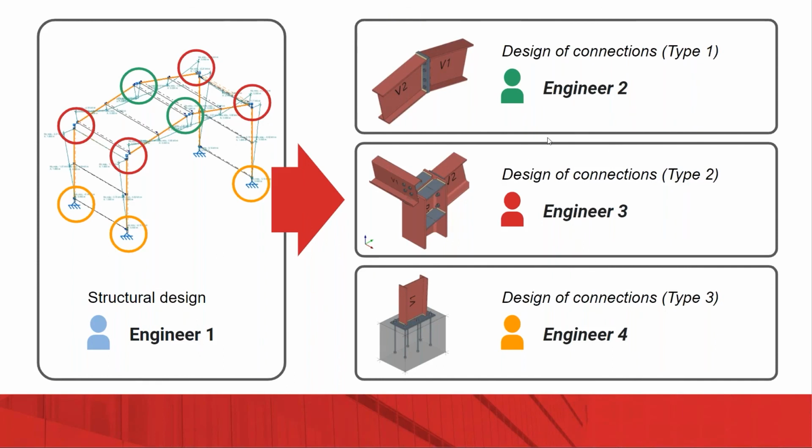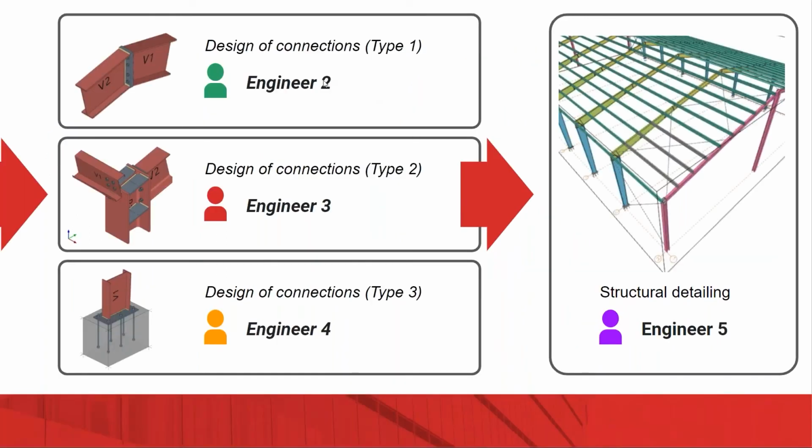And just to finish that, as we have been looking a little bit at StruBIM Steel, you can also go a little bit further and export these connections to StruBIM Steel, because StruBIM Steel also reads the connections developed in CYPE Connect. And then, for example, engineer number 5 could generate the structural detailing that will be exported to DSTV, STEP, or any other format to then manufacture this structure.